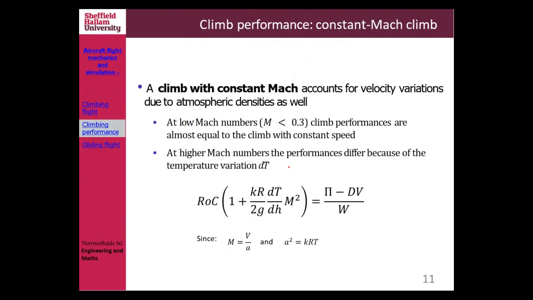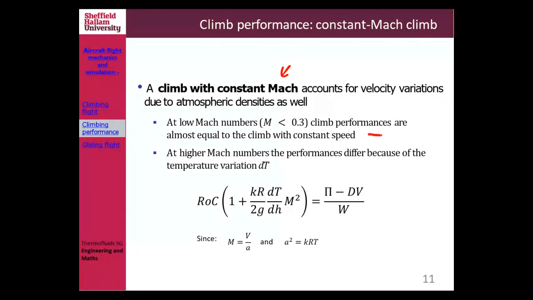Now the third one is climb with a constant Mach, because we know that for an aircraft, constant Mach accounts for velocity variation due to atmospheric density as well.